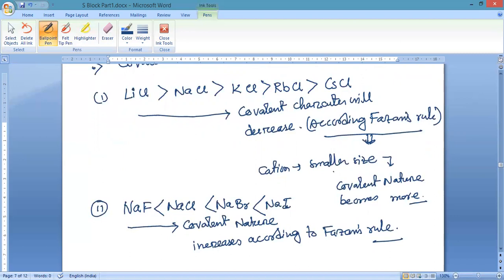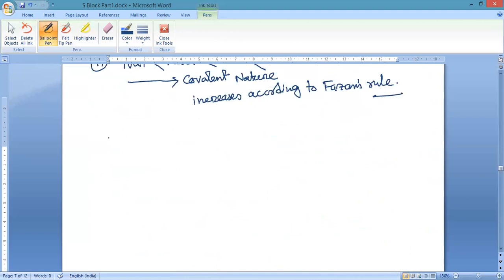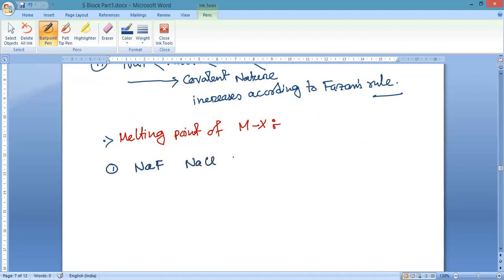Okay, now coming to the melting point and boiling point. What will be the melting point and boiling point of such types of compounds? Very important topic. So, melting point of MX compounds: NaF, NaCl, NaBr, NaI.